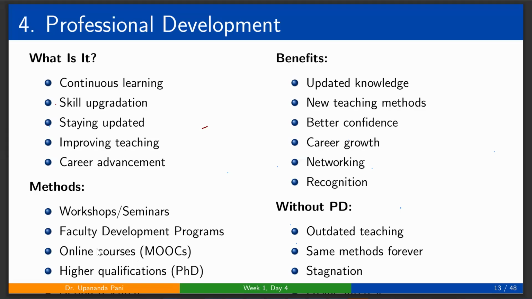That is why I always encourage all of my faculty members in my department to go for a PhD, to attend online courses and faculty development programs, because those are very important dimensions. Now, what are the benefits of professional development? You will have updated knowledge. You will be aware of new teaching methods.